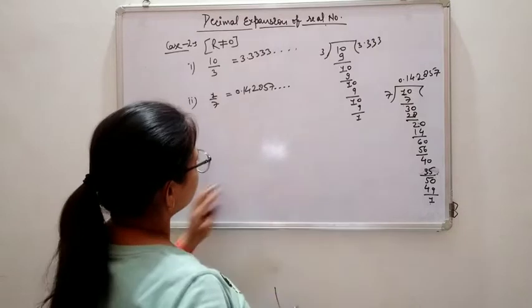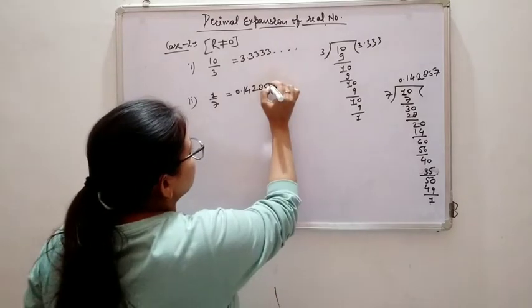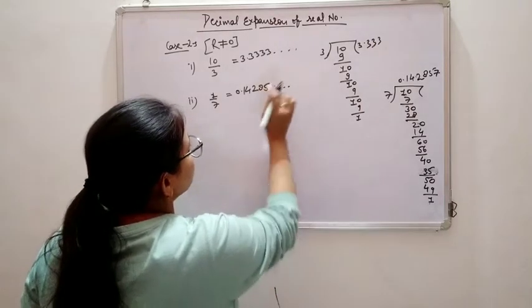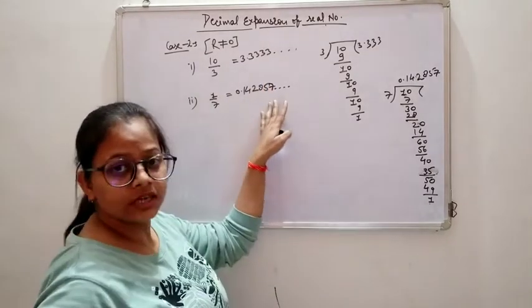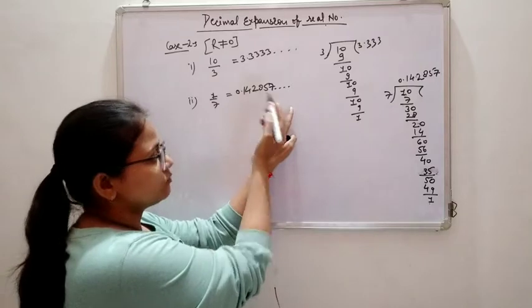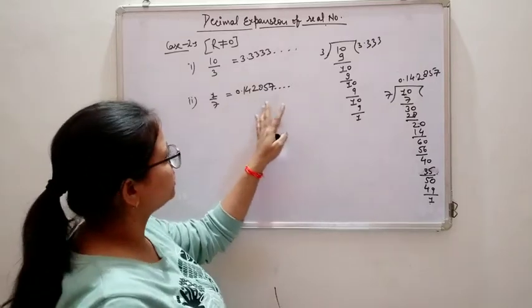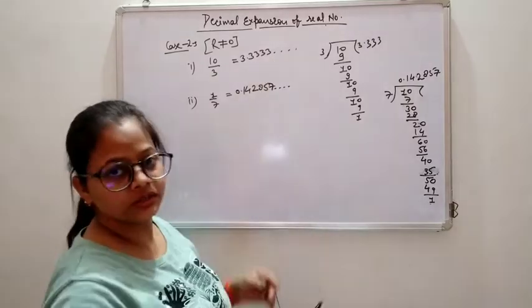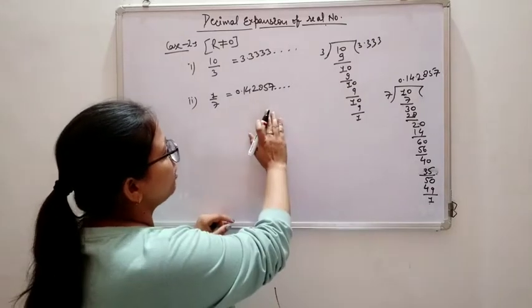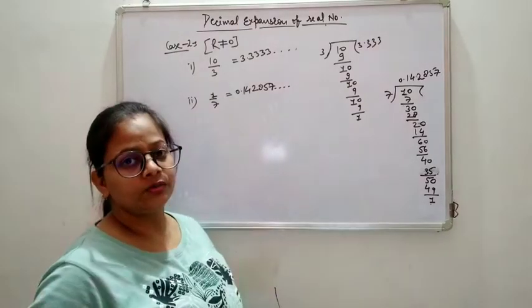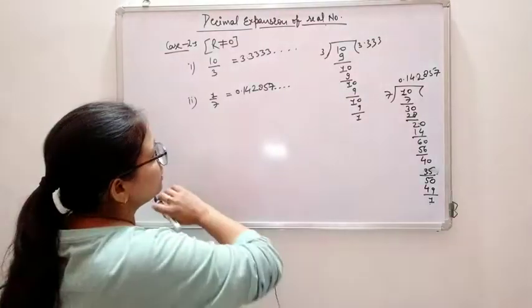So from these two examples, you have noticed that after a certain stage, the remainder starts repeating itself. So we call the decimal expansion of such numbers non-terminating and recurring.